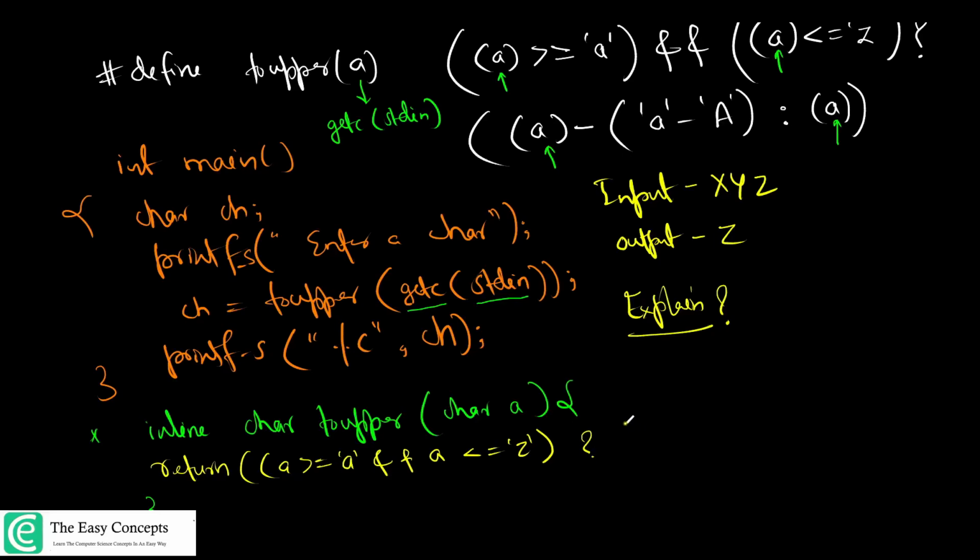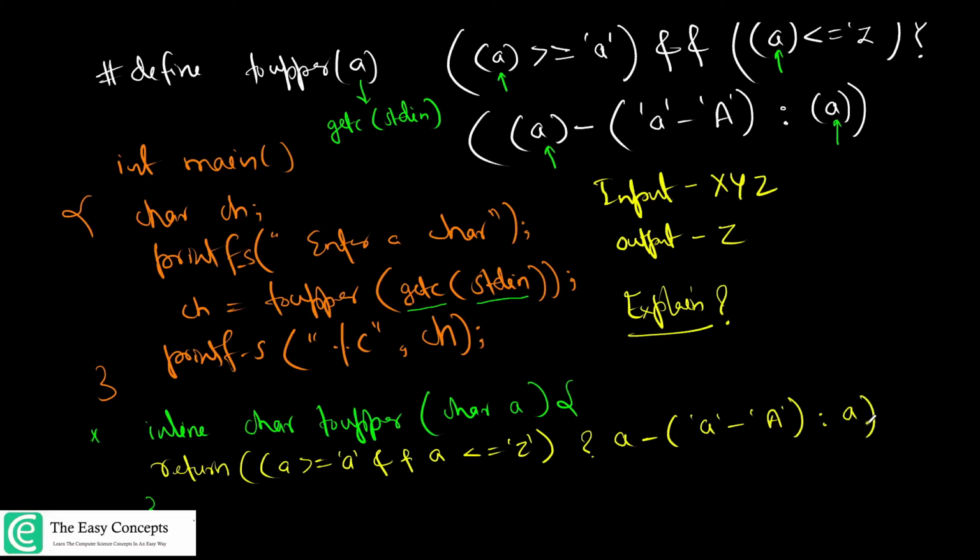If it is so, we need to convert it into uppercase. So we are basically subtracting 32 out of it and then converting it into uppercase. I hope you already know this concept.